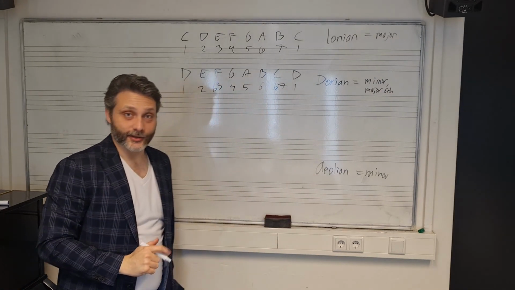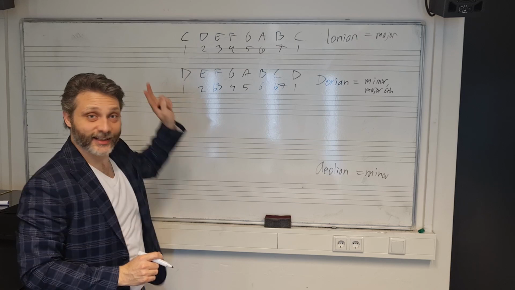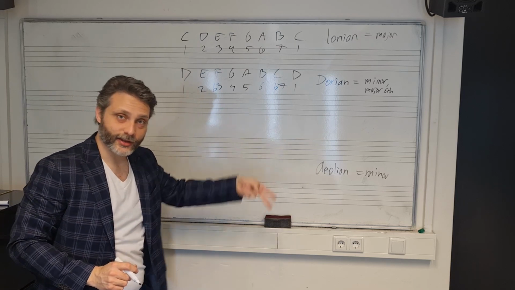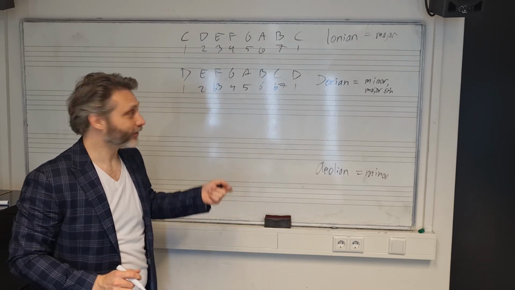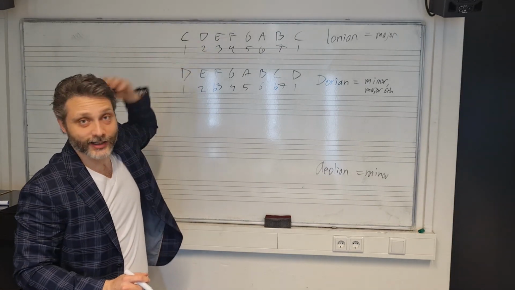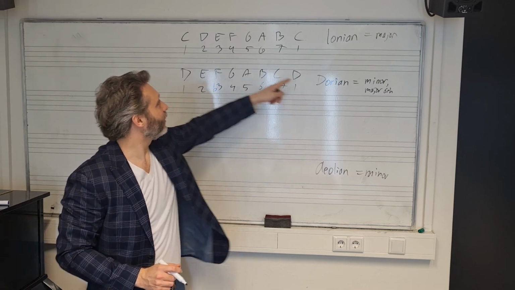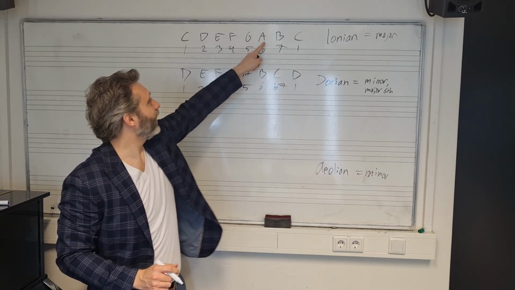So that's Aeolian. Now you might have noticed that the Dorian scale starts on the second note, and the second chord is also a minor chord, from C major or C major 7th to D minor or D minor 7th. So we've now taken the minor scales that go with D minor and A minor.